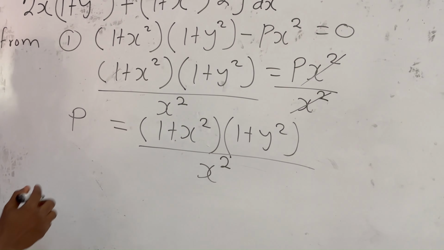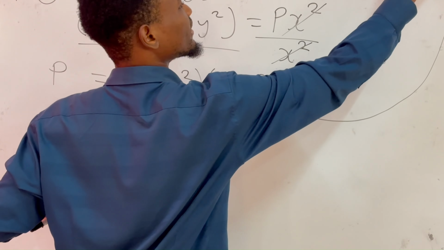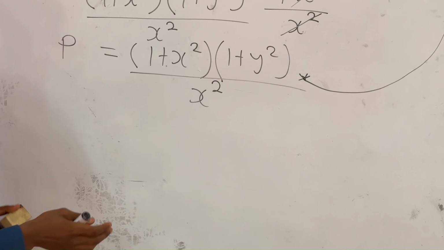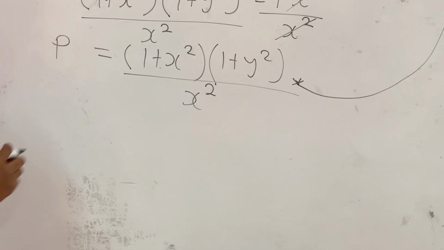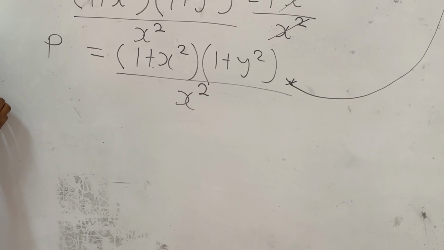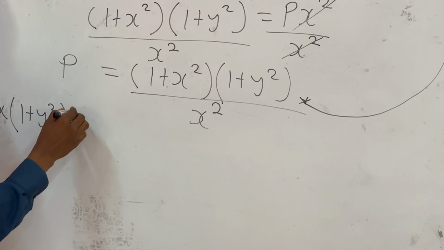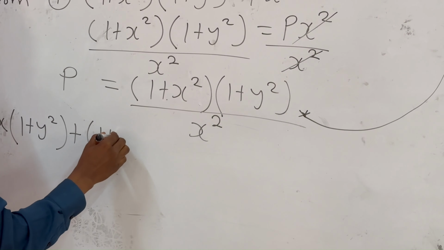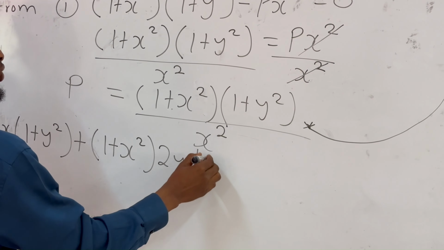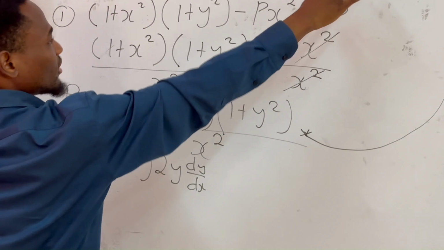After doing this, I will substitute the expression for p into this so that I can eliminate p from the equation over here. So by doing that, I have 2x, then I have 1 plus y² plus 1 plus x² multiplying 2y dy over dx.